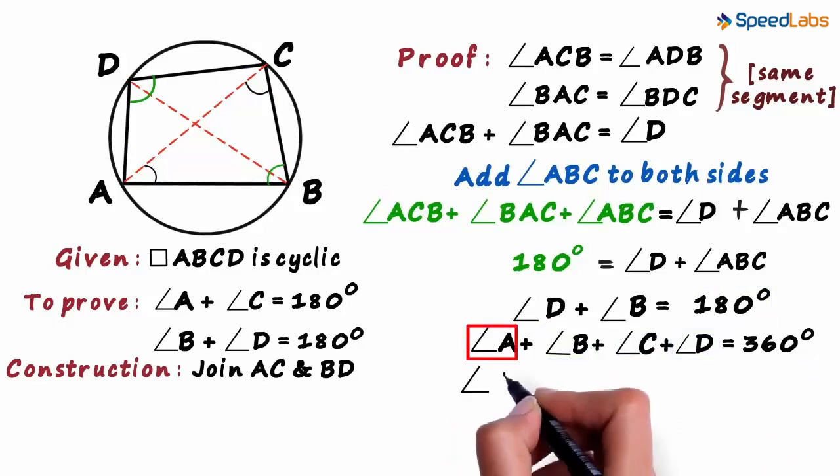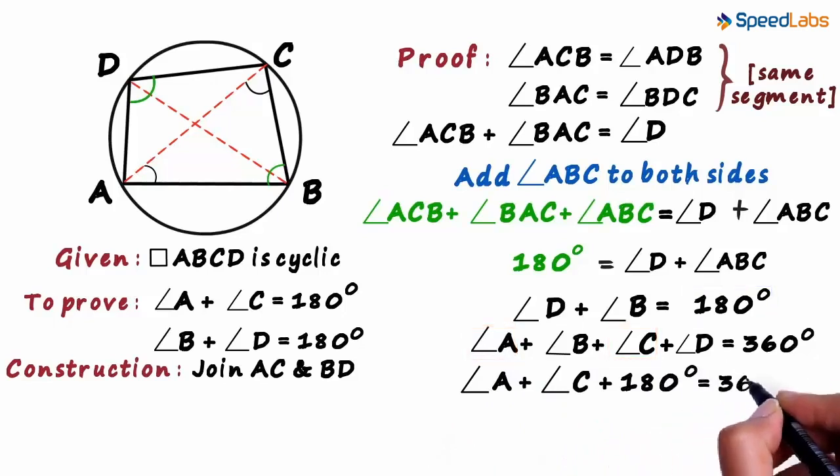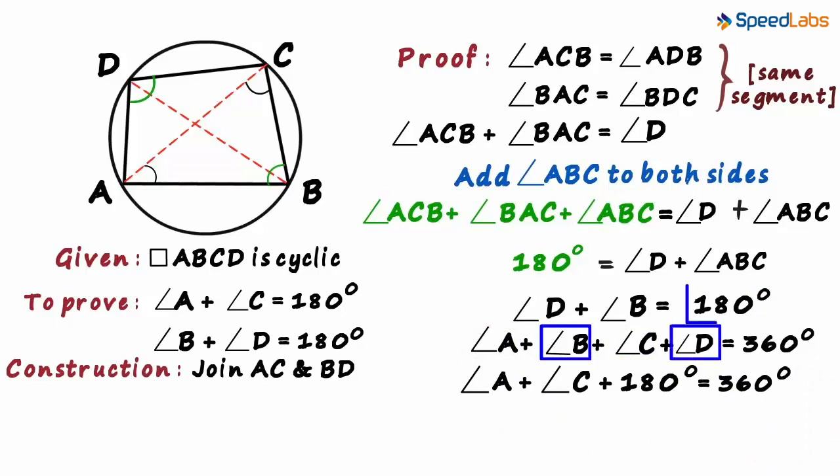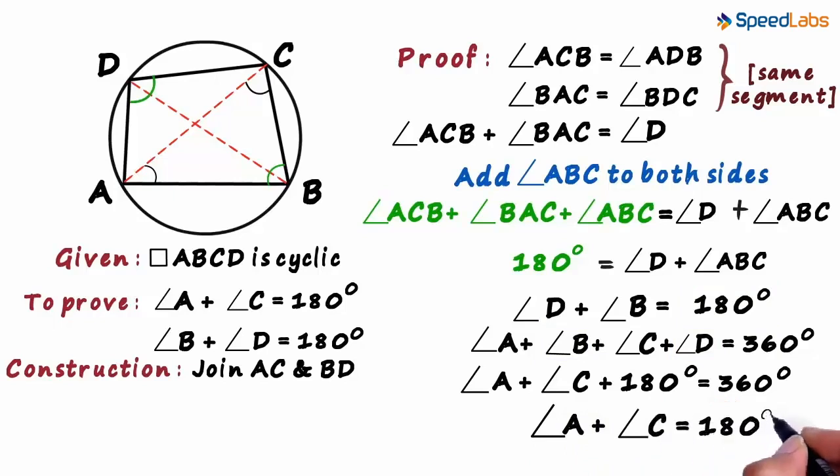So we get angle A plus angle C plus 180 degrees equal to 360 degrees. We just replaced B plus D with 180 degrees. Transposing 180 degrees to the right-hand side, we get angle A plus angle C equal to 180 degrees.